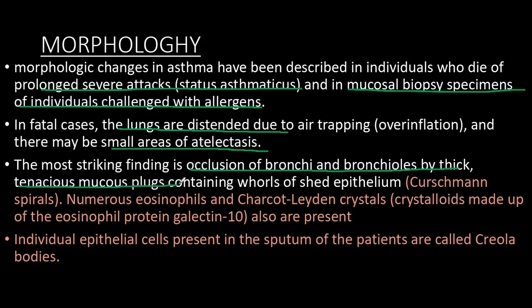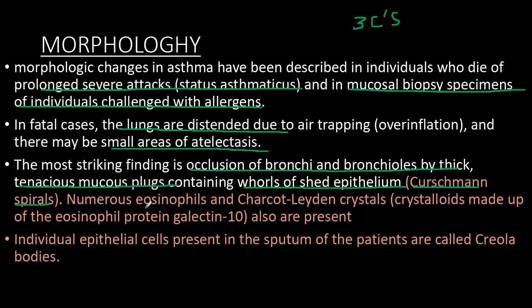Now, when you collect sputum emanating from these mucus plugs, you expect to find the 3 C's. Please remember the 3 C's of asthma. One, you will see whorls of shed epithelium, what are known as Curschmann's spirals.